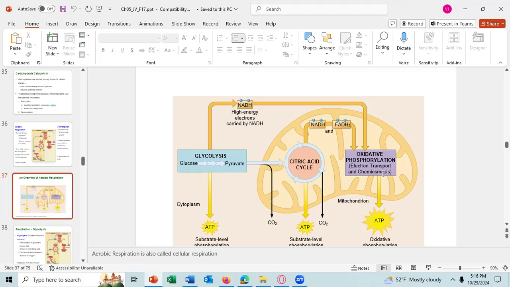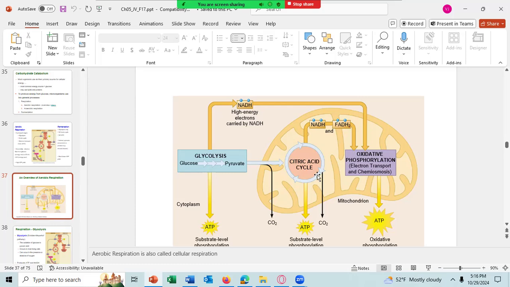In the electron transport chain, the electrons from glucose in the glycolysis or from the derivative of glucose in the Krebs cycle are carried to the electron transport chain to generate ATP.